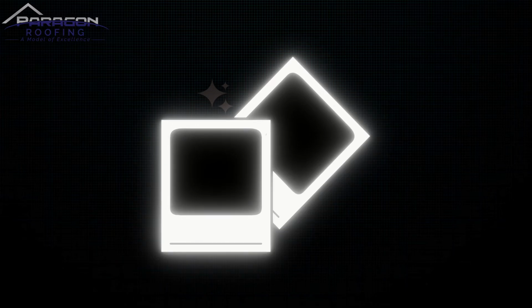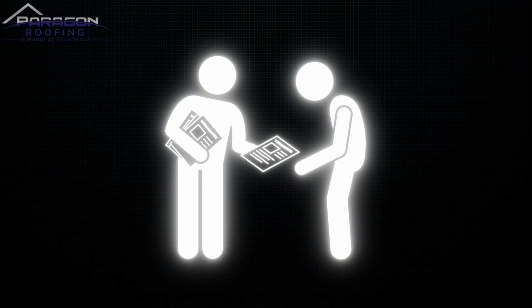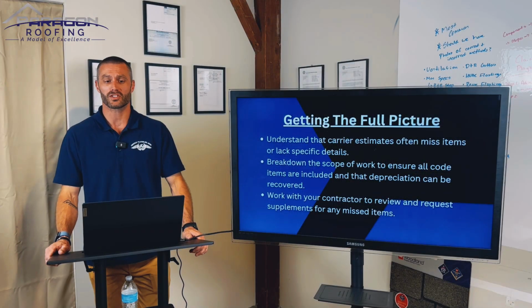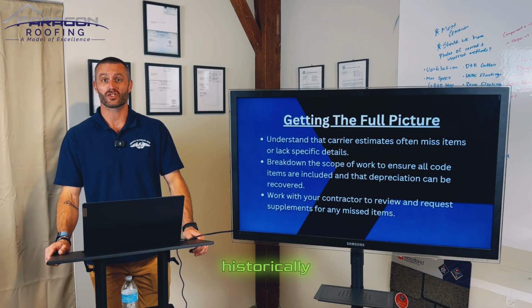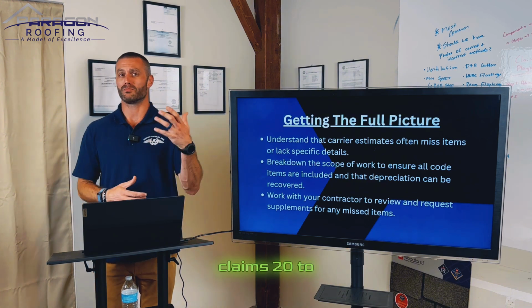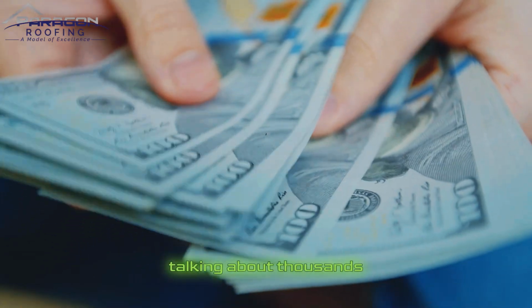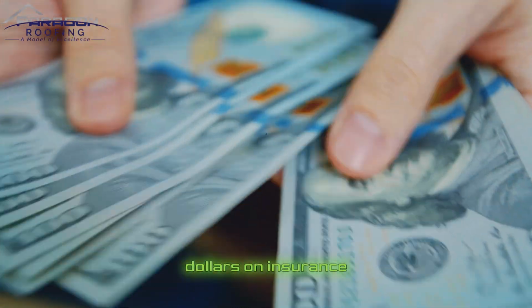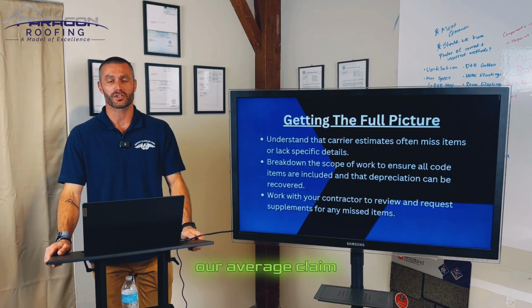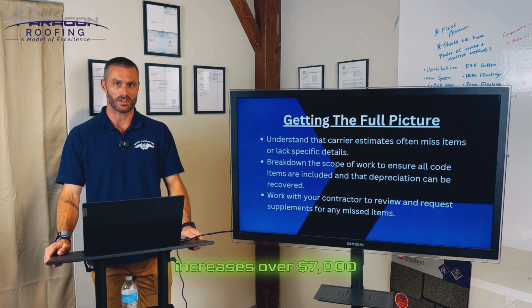So, getting the full picture, understand that carrier estimates often miss and lack line items. That's just what it's going to be. Historically, we see our claims 20 to 40% too low. When you're talking about thousands and thousands of dollars on insurance claims, our average claim increase is over $7,000.